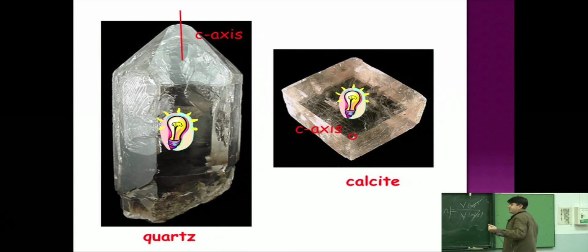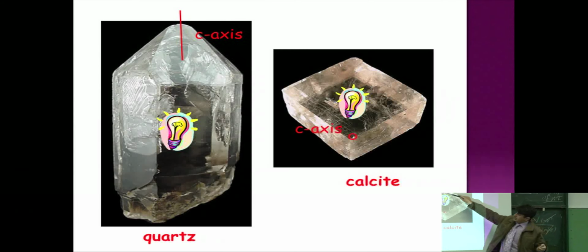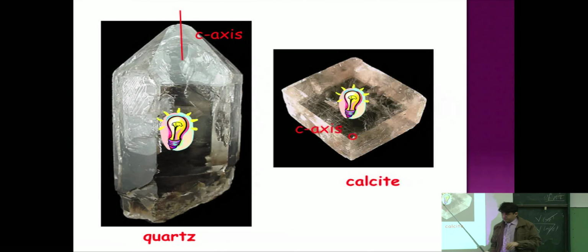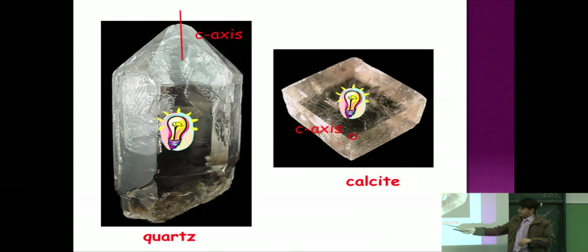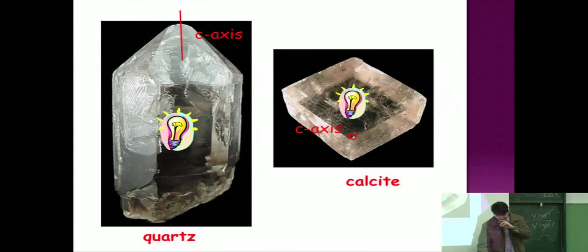This is another system. You see that there's a long axis. So, of course, the refractive index in this direction is different from this direction. We have different refractive indices in different directions. Here we have the maximum refractive index in this direction, minimum refractive index in this direction.